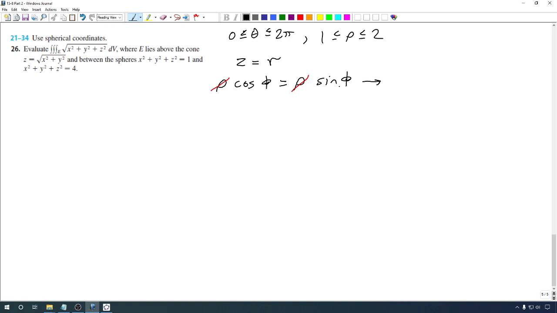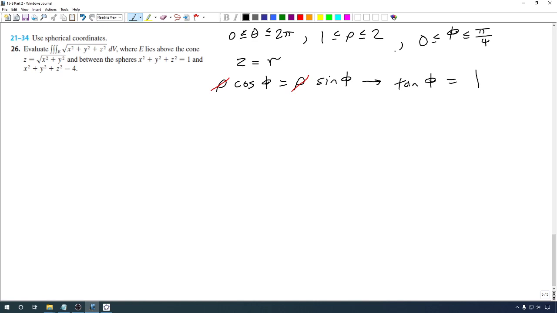And if we go ahead and divide everything by cosine, that means sine over cosine, which is just tangent, is going to have to equal 1. What angle, what phi gives us a tangent of 1? That's going to be pi over 4. Sorry, that should be 0.